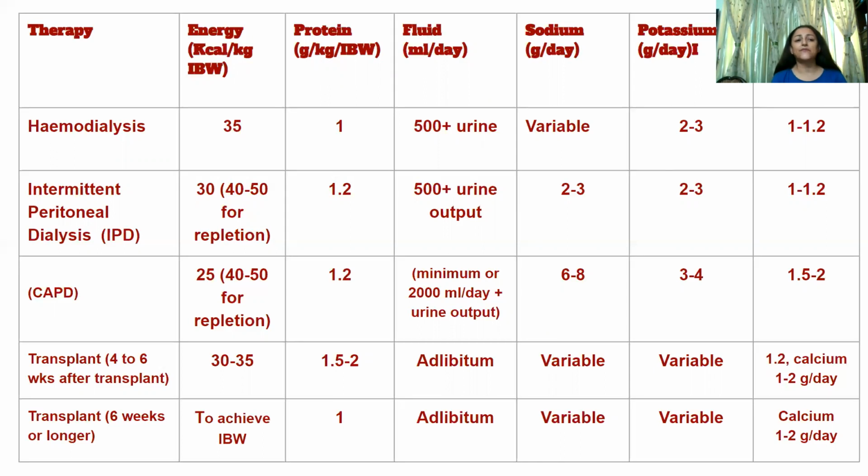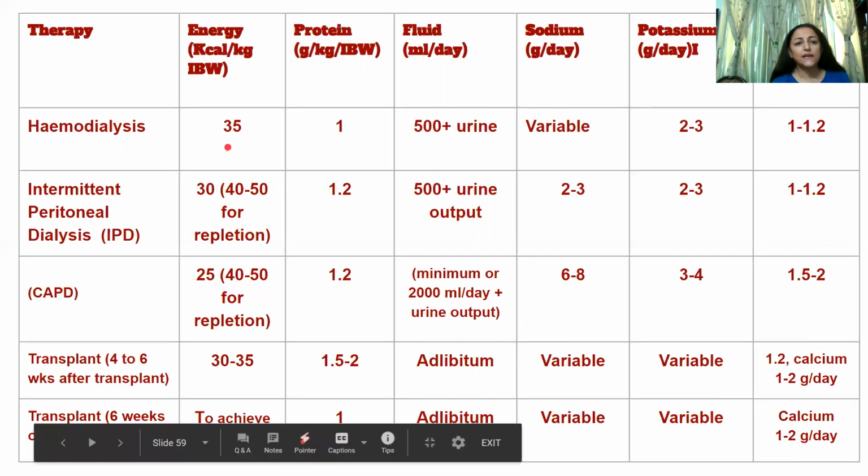Peritoneal dialysis, in fact, could be intermittent or it could be continuous. So we have little differences in these two conditions. And then post transplant of the kidney, 4 to 6 weeks we have some other guidelines, and after the 6 weeks we have some other little changes in the guidelines.